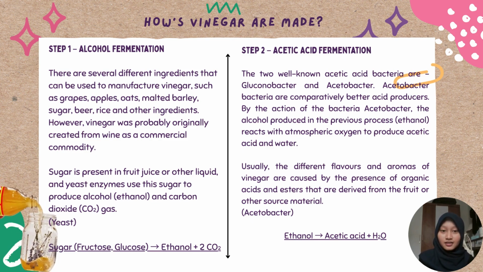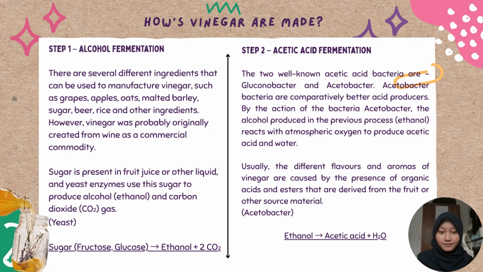By the action of the bacteria Acetobacter, the alcohol produced in the previous process, which is ethanol, reacts with atmospheric oxygen to produce acetic acid and water. Usually, the different flavors and aromas of vinegars are caused by the presence of organic acids and esters that are derived from the fruit and other source materials. So, the chemical reaction for this step is ethanol reacts with oxygen to give acetic acid plus water.